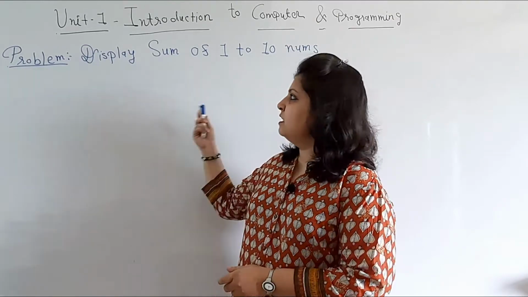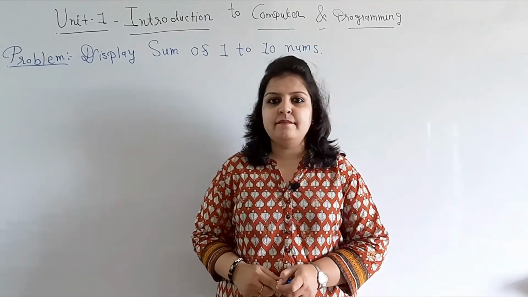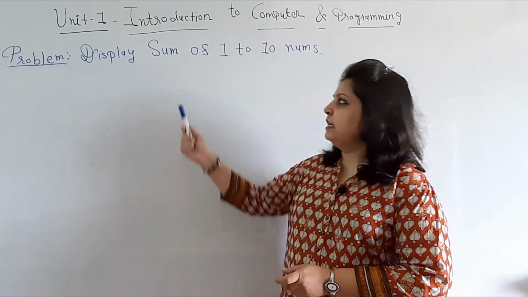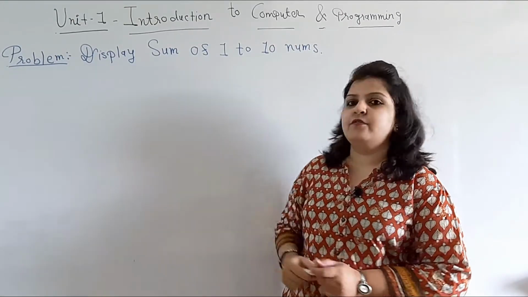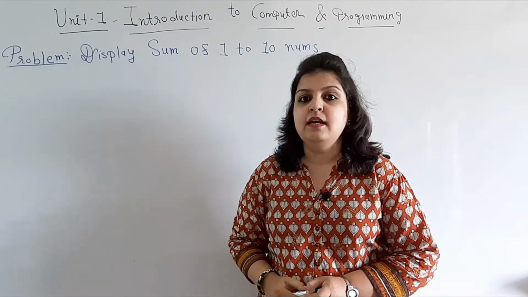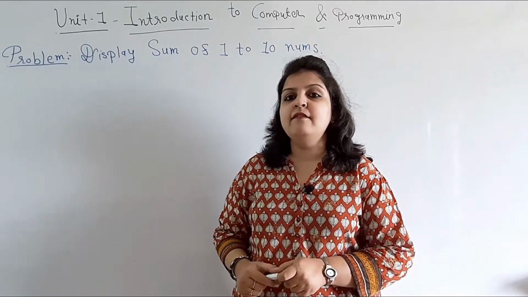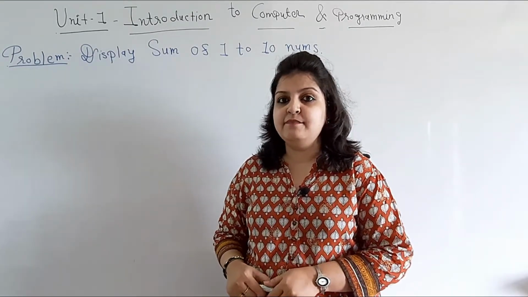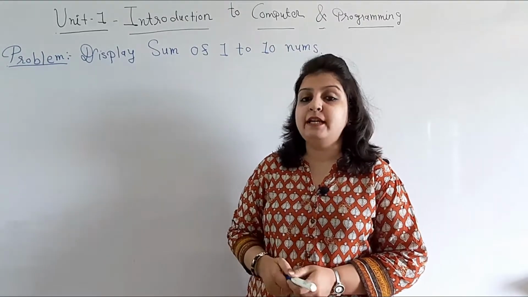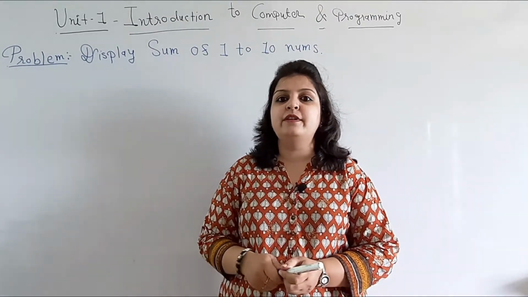So let us see our problem. What is the definition? Display the sum of 1 to 10 numbers. In the previous example we displayed 1 to 10 numbers, but here we have to print the sum of 1 to 10 numbers.